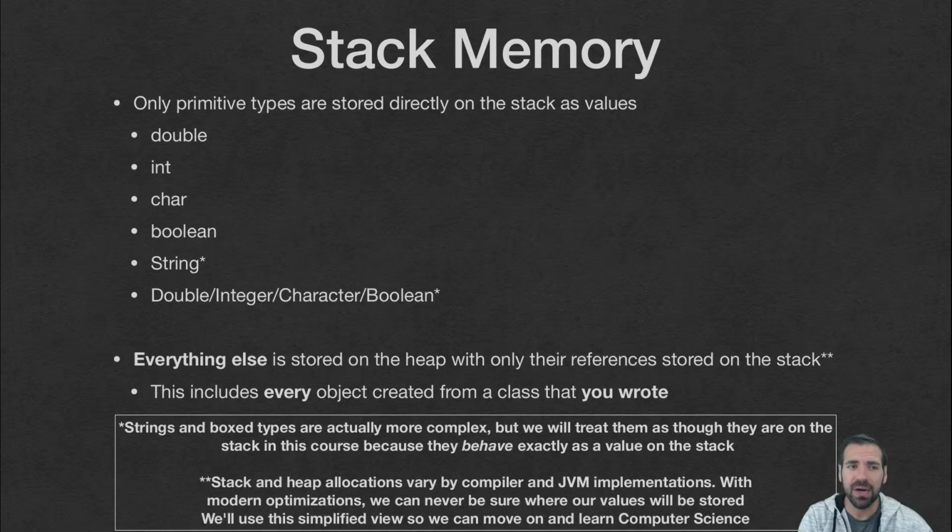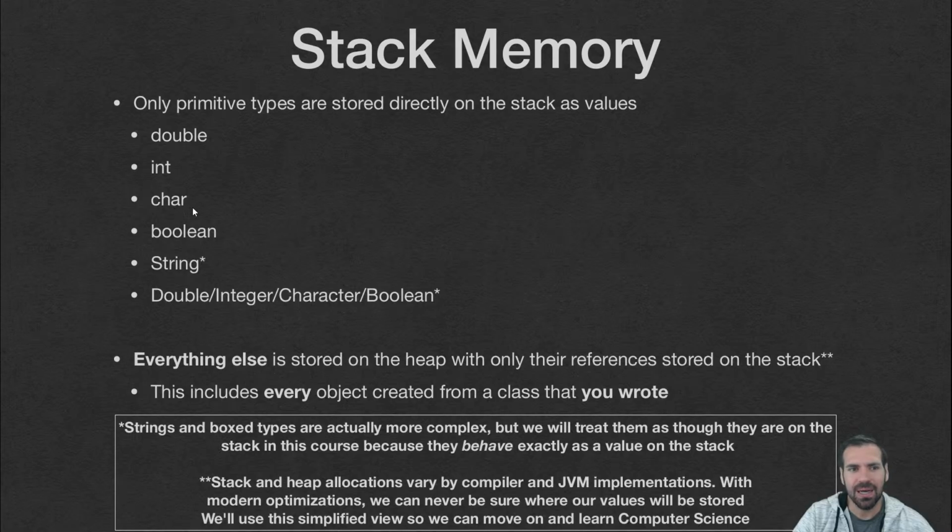So if you have a variable of type double on the stack, its value is stored directly on the stack. The value stored in that variable is literally a double. It's that 64-bit format that we saw last time. It's those 64 bits. That's what's stored in the variable. Same with an int, except it's 32-bit values, 32-bit integer, 1 bit for the sign, 31 bits of binary for the value.